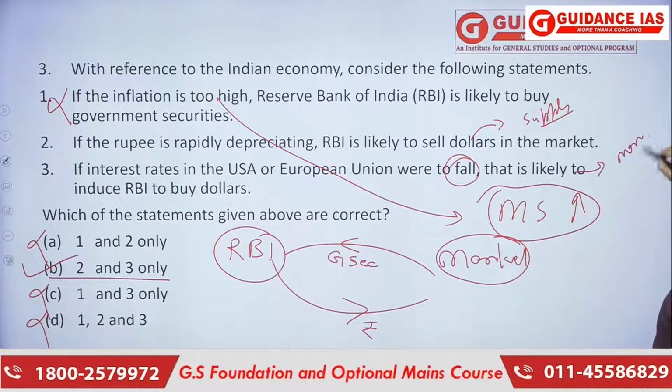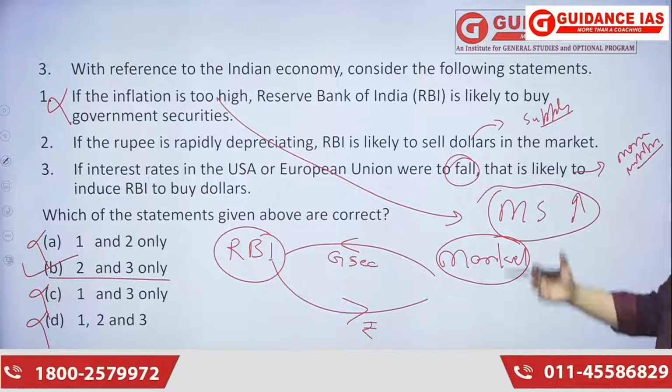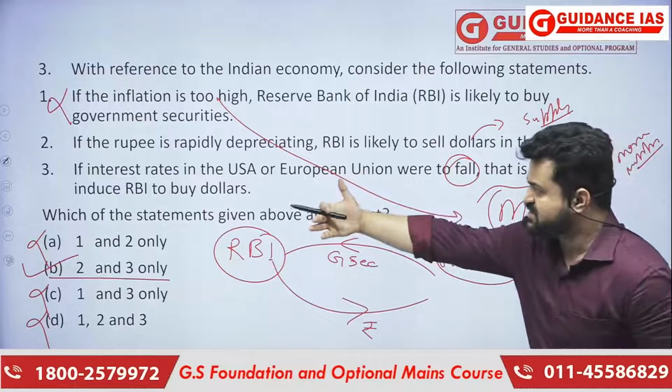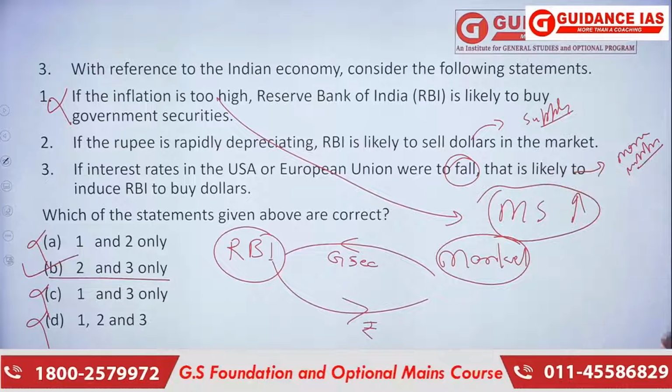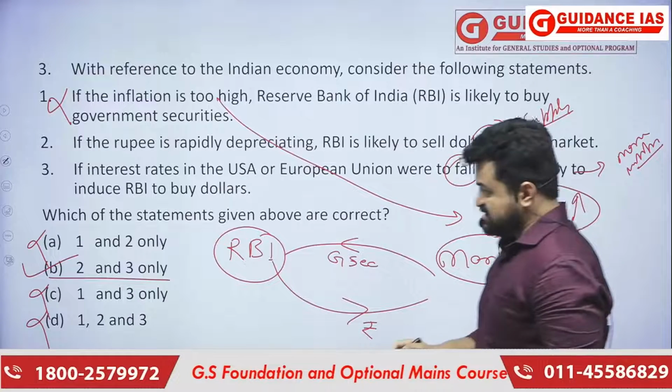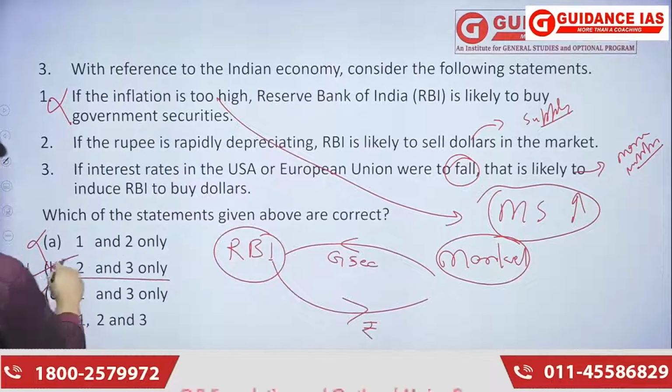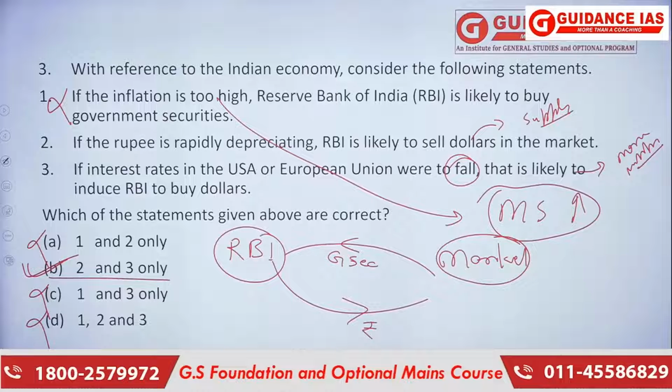More supply of dollars. Okay, more supply of dollars. So in that case, that will be a better step, that is RBI is going to buy the dollars to average out the effect. So that is why answer is B, that is second and third.